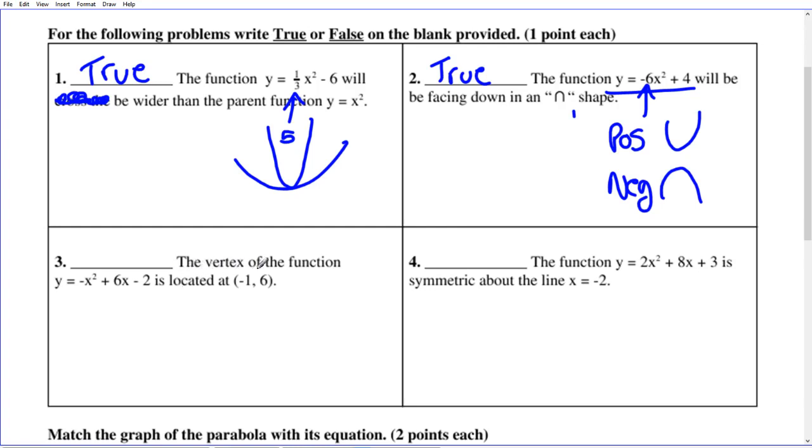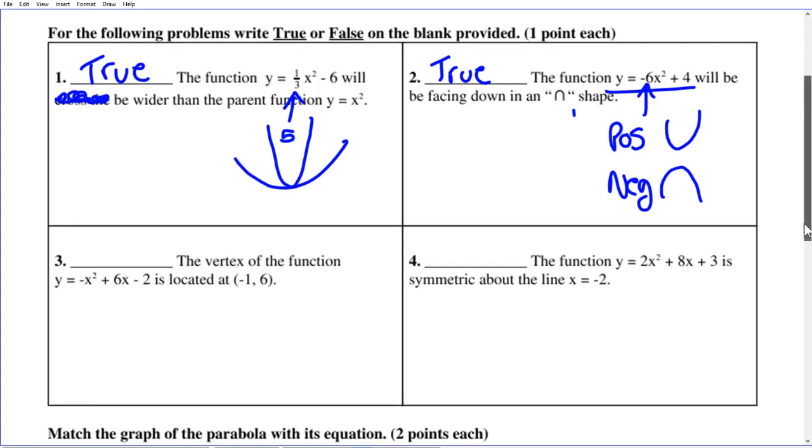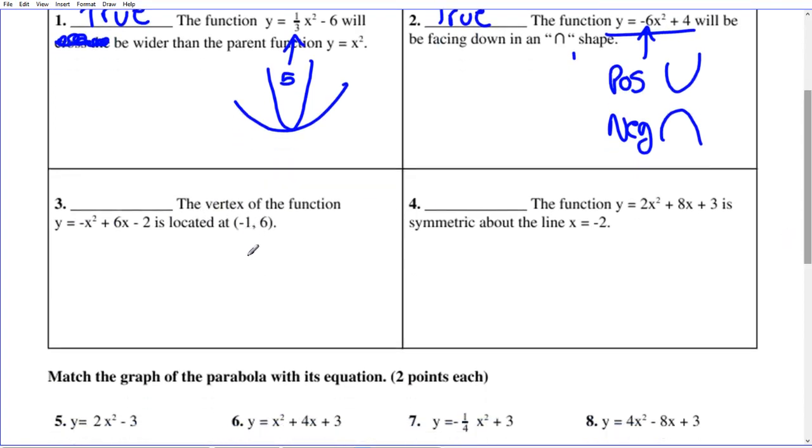Number 3, the vertex of the function is located at negative 1, 6. Well, that one I can't just say true or false right away. I have to go through and do that whole thing we were just doing a second ago. So there's my formula. That finds the x value of the vertex. So I'm kind of ignoring this point for now. I'm going straight from here. So opposite of b over 2 times a.